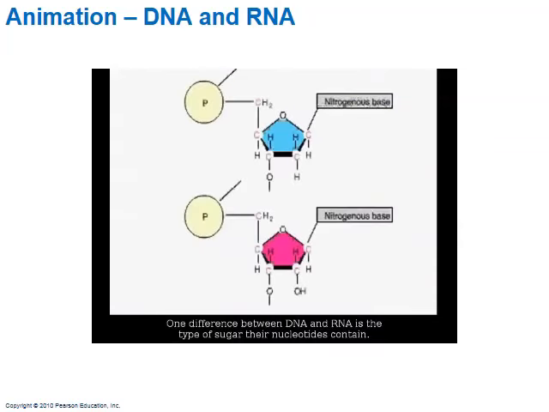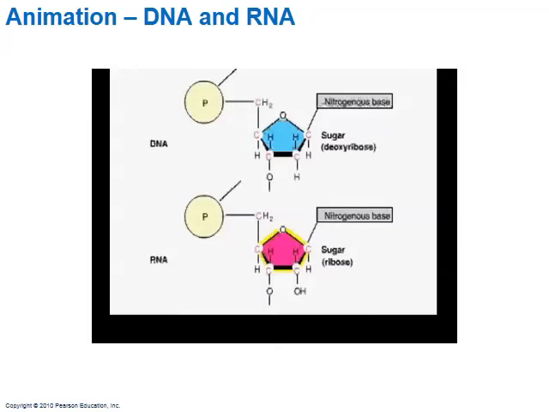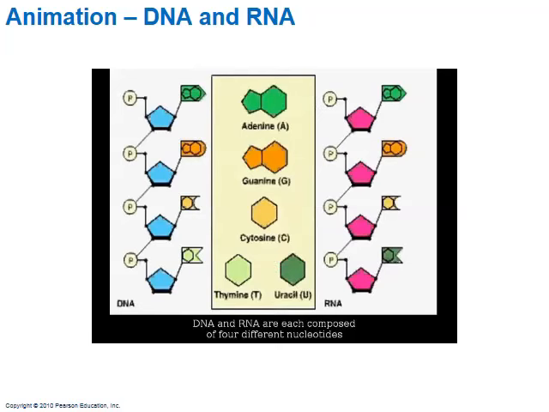One difference between DNA and RNA is the type of sugar their nucleotides contain. DNA contains the sugar deoxyribose, while RNA contains the sugar ribose. Ribose has 1 more oxygen atom than deoxyribose. DNA and RNA are each composed of 4 different nucleotides, which differ in their nitrogenous bases.